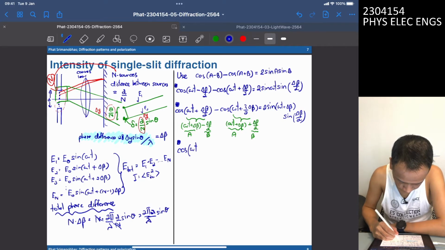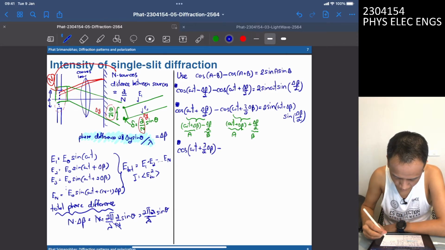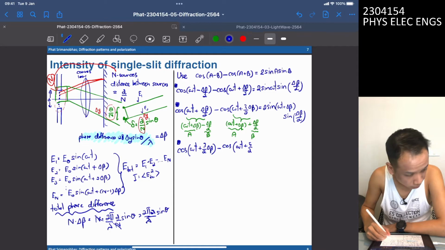Cosine of omega t plus 3/2 delta beta minus cosine of omega t plus 5/2 delta beta.